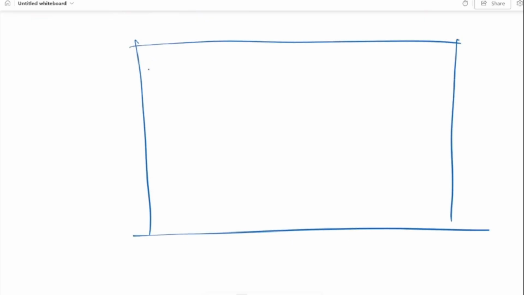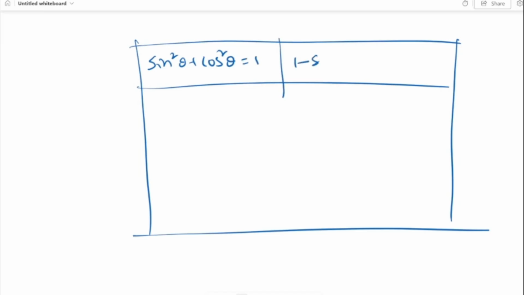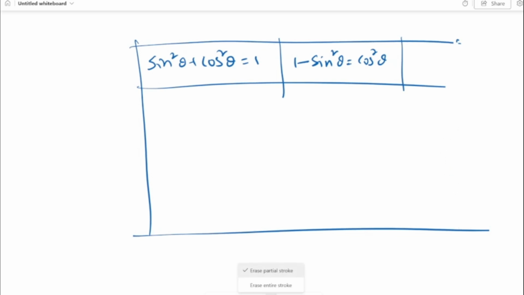First thing is sine square theta, Pythagoras, plus cos square theta equal to 1. 1 minus sine square theta is cos square theta, and 1 minus cos square theta is sine square theta.